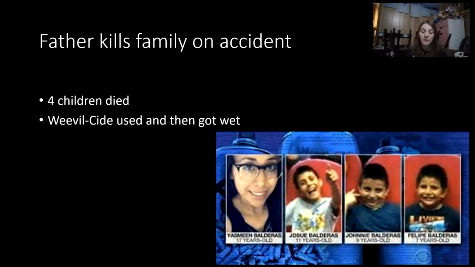So he ended up getting this weevil-side, going to his home, and not reading the label, which said, "Do not use 100 feet from animals, humans, or livestock." And he had used it underneath his home.